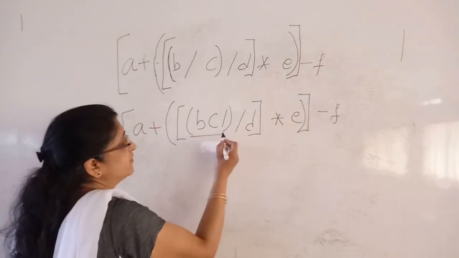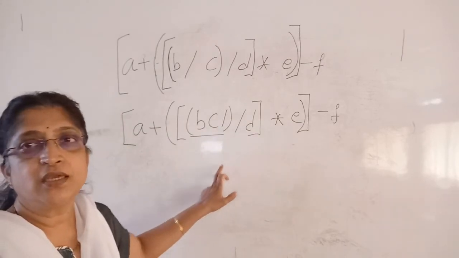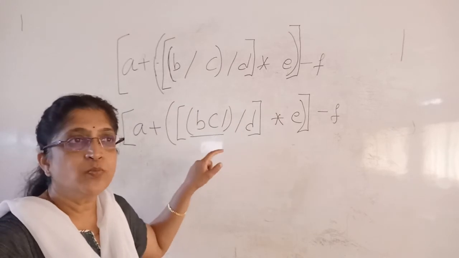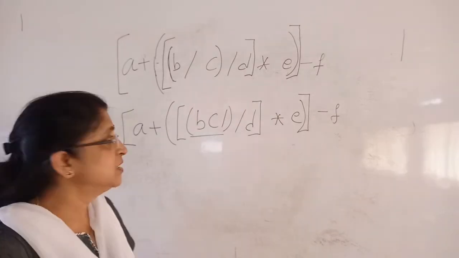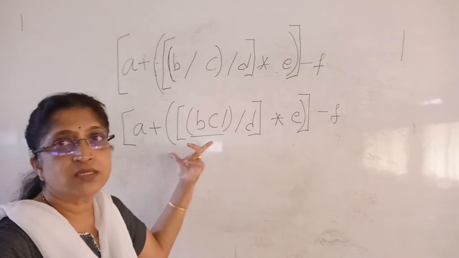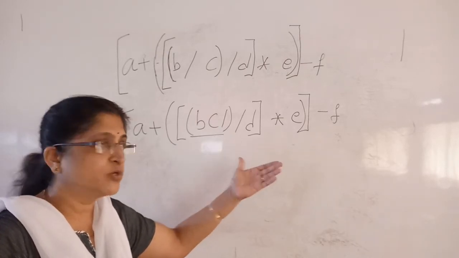So now we have converted BC slash. This has been converted from infix to postfix. Now the next innermost parenthesis is this divided by D. So in the next step we will be converting this to the postfix form.